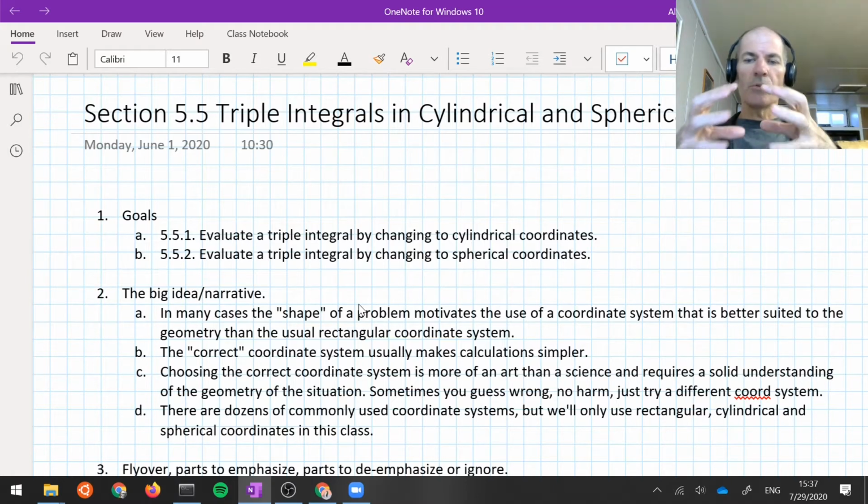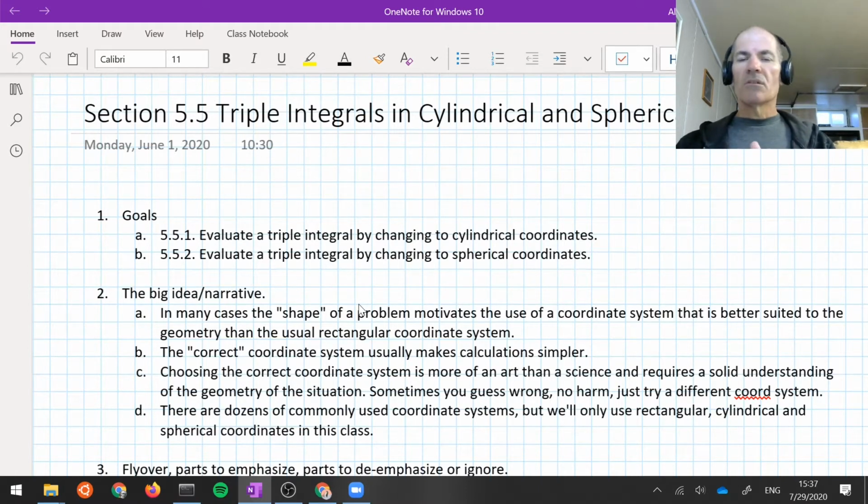Similarly, if you have a problem with lots of spherical symmetry, then spherical coordinates are going to be the right choice. And it is definitely the case that there are problems that are impossible in rectangular coordinates that are trivial in cylindrical coordinates or simple in spherical coordinates.